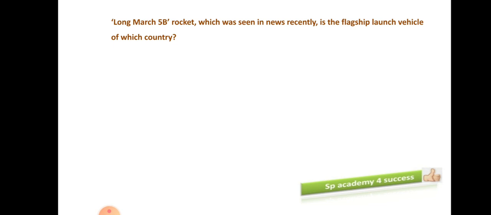The options are: United States, China, Russia, and India. Let me give you the explanation. This Long March 5B is the flagship launch rocket from China. In the last class also we discussed this. It is an advanced version of the Long March 5.